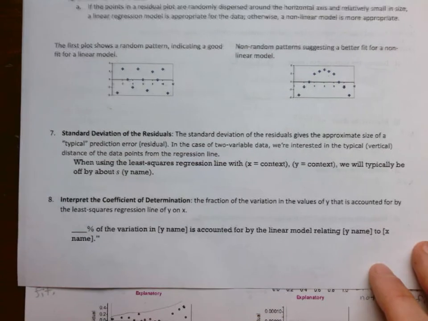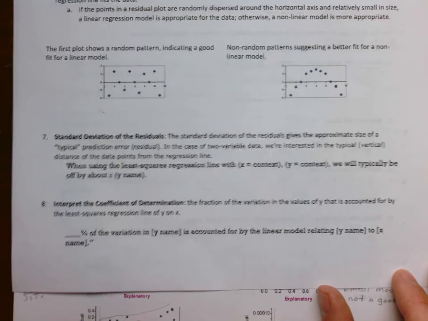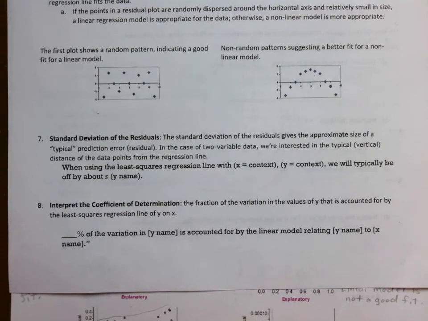Typically, standard deviation tells us how far something is from our normal or our average. In this case, our line is going to be that average. So when you're looking at a linear model, there's going to be some amount of variation from what actually is to what we predicted. And that's what that standard deviation stands for.